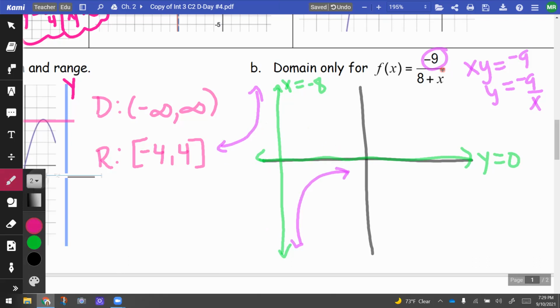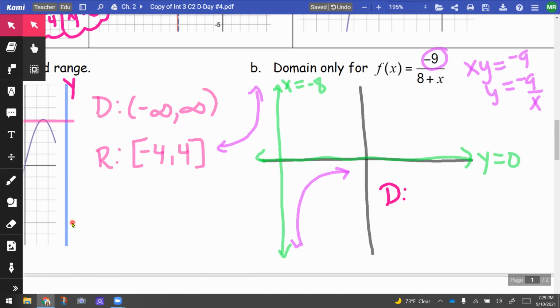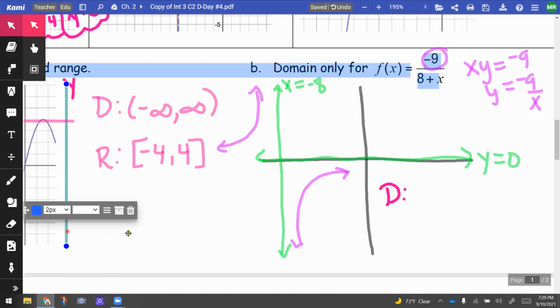So if I'm talking about my domain and range for this one, my domain is going to be that this graph is going to be going, if I'm looking at left to right, it's going to go forever and ever and ever in the positive x direction. It's going to go forever and ever and ever in the negative x direction.